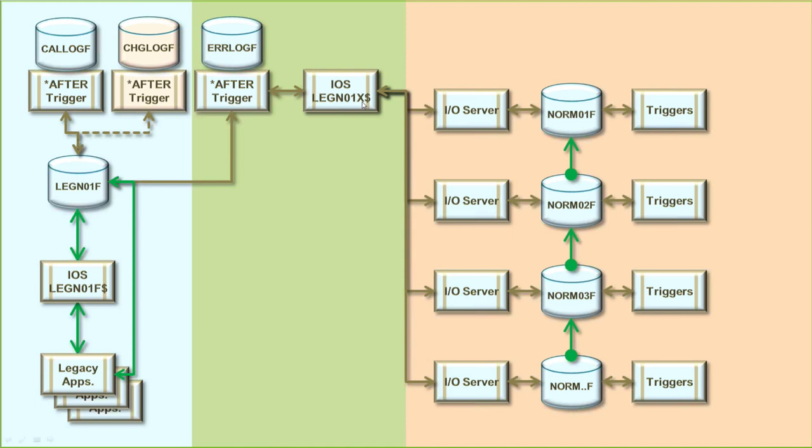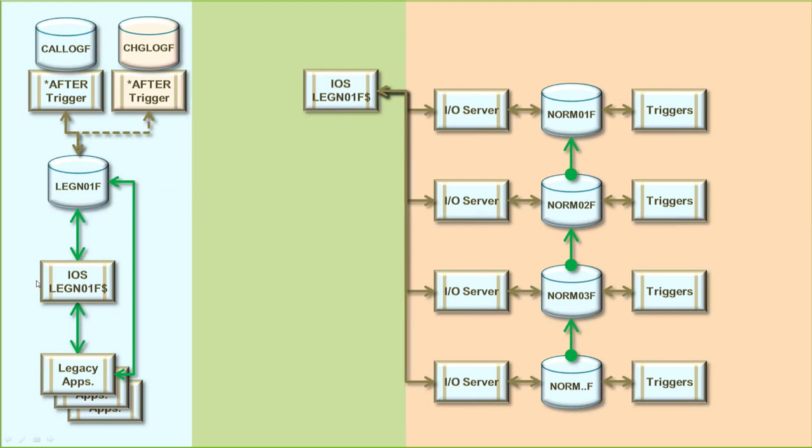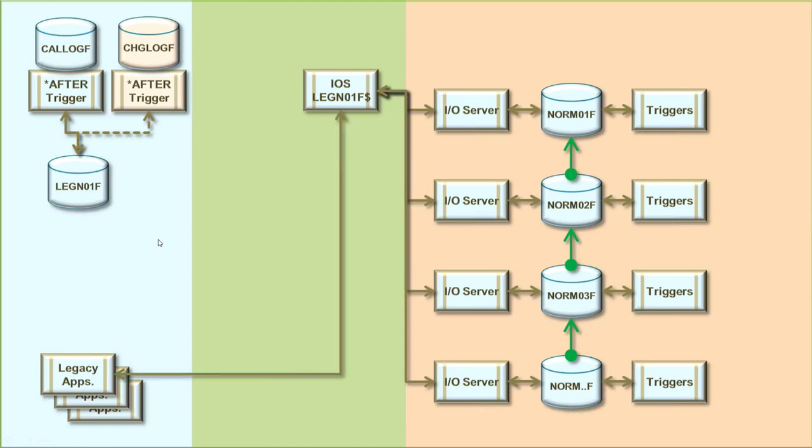The first step is to rename it to N01F, which is the same as this name. I.e., although it's a completely different IO server, it now carries the same name. As a result, once you remove this one, any call from a legacy app to that IO server will go to that IO server.